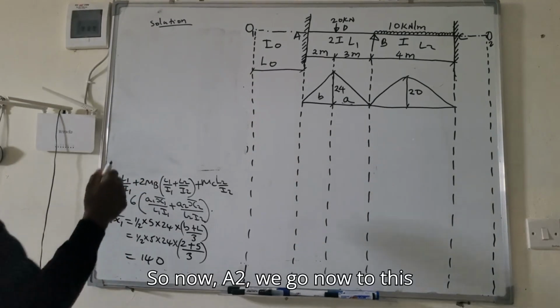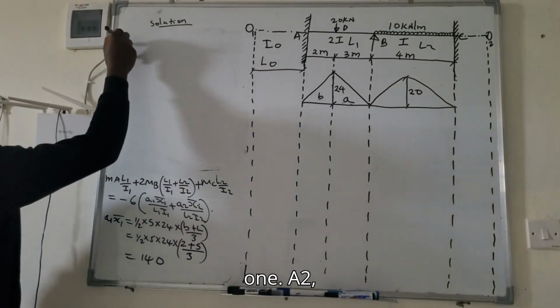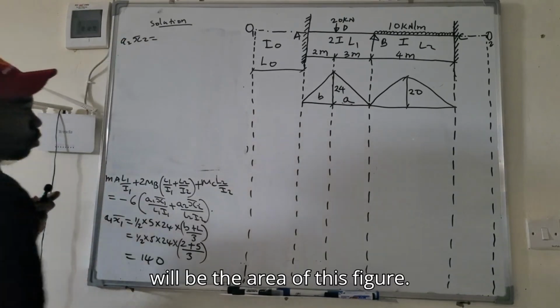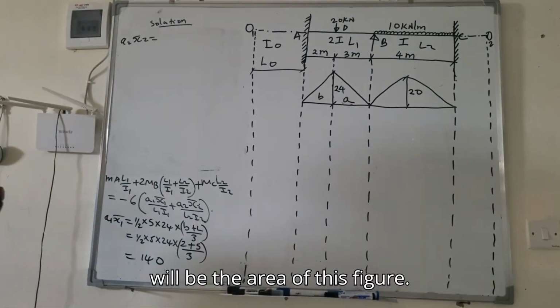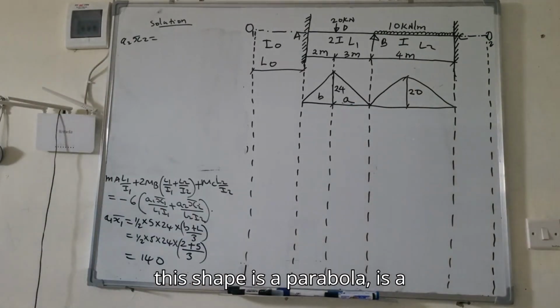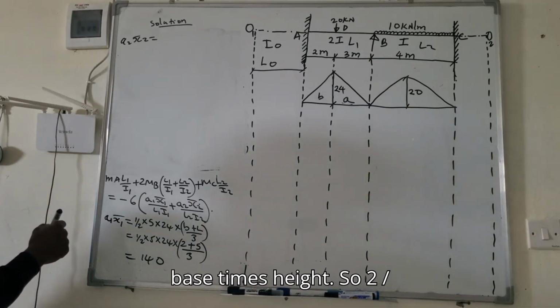So now, A2, we go now to this one. A2, x bar 2. So this one will be the area of this figure and also the centroid for this one. This shape is a parabola. Parabola is 2 over 3 times base times height.